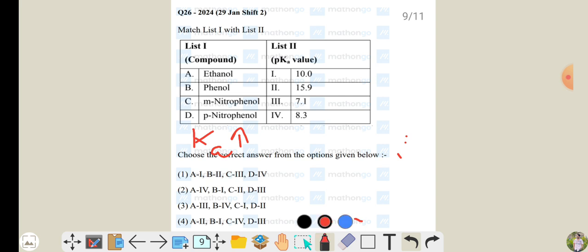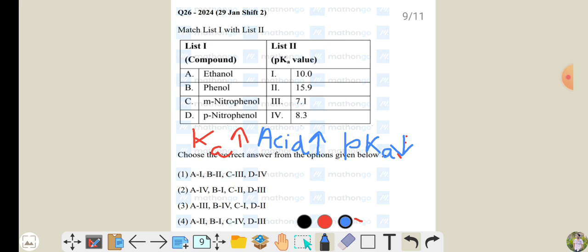So write it down in your copy if you want. Ka more means acid more. So they are asking about pK. Ka more means pK will be less. So it's a simple thing. You have to tell which are least acidic, and for those pK will be more.